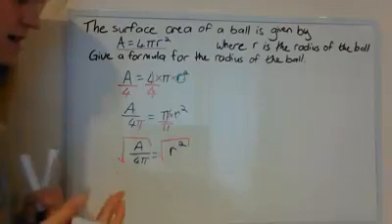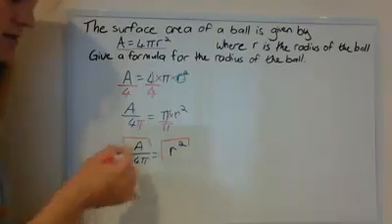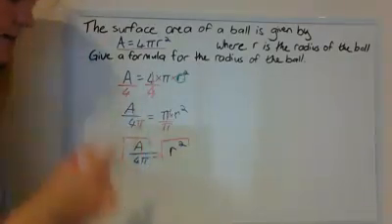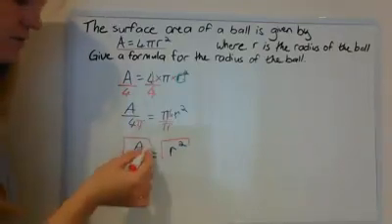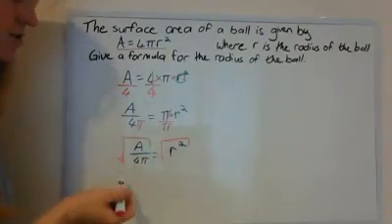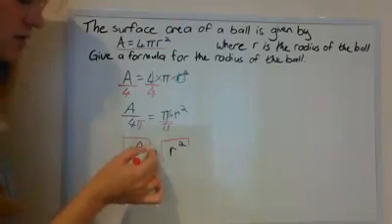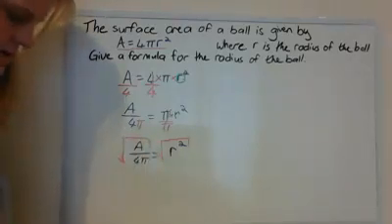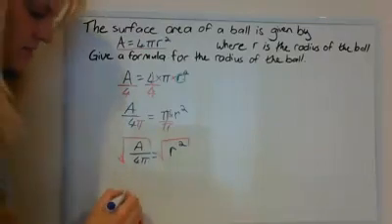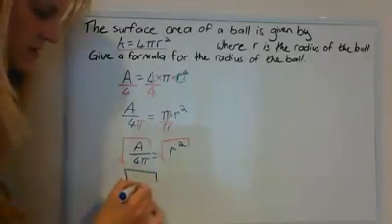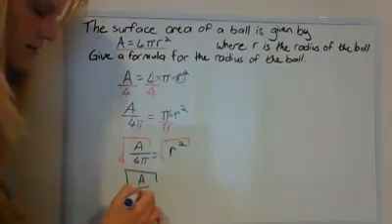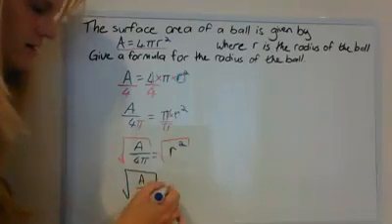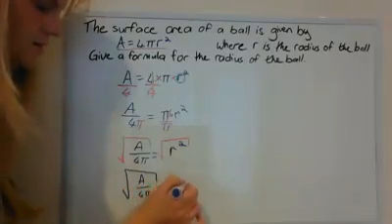With plus and minus, it doesn't actually make a difference because it doesn't matter if you do it to one thing, it's always the same. But with times, divide, square, square root, all those operations, you need to make sure that you do it to the whole side. Right, that would leave us with square root of a over 4 pi equals r.